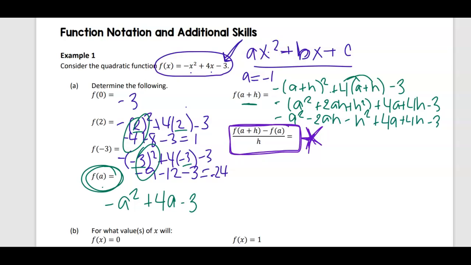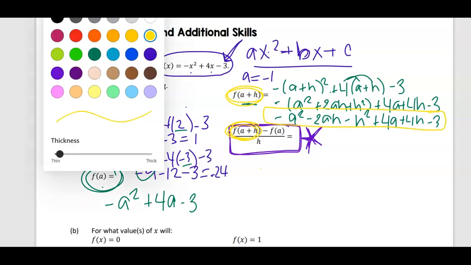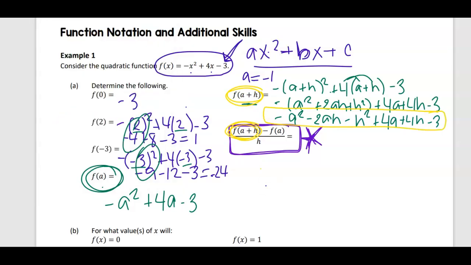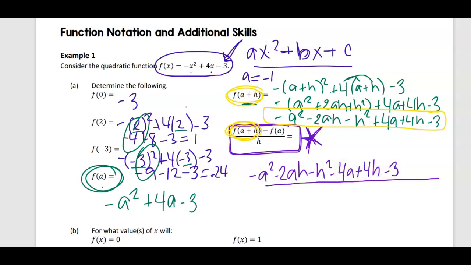Okay, so if you think about what is f of a plus h that I'm plugging in for, I solved for that right here. So I'm going to plug in this whole thing where I see that f of a plus h. So I'm going to write a big fraction. I'm going to plug in -a squared minus 2ah minus h squared plus 4a plus 4h minus 3.